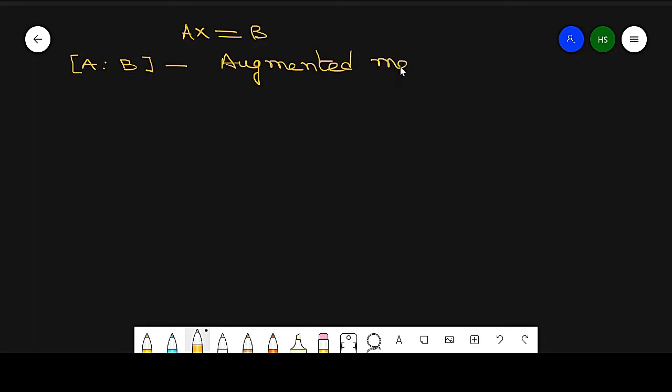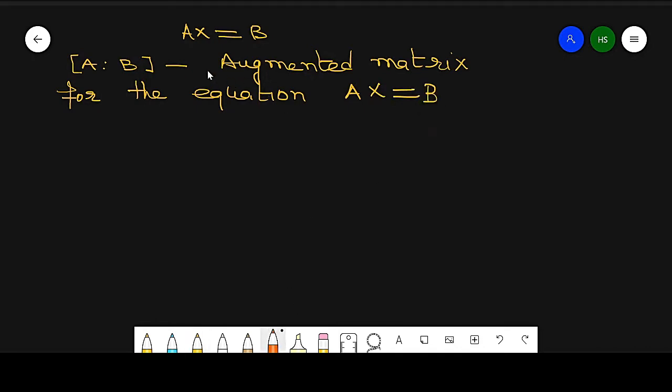Remember the name augmented matrix, this is a very important matrix. The augmented matrix can be written in this form, A with B, and this is the augmented matrix of the equation AX equal to B.